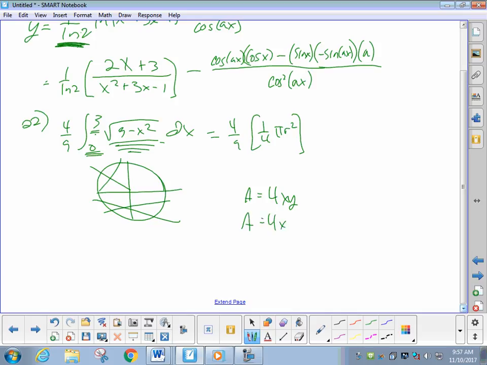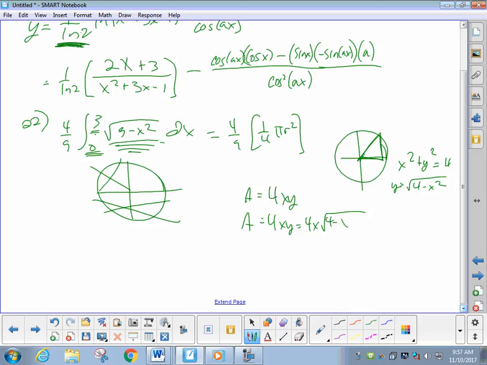By virtue of the circle, if the circle is x squared plus y squared equals 4, then y is root 4 minus x squared. So this became 4x root 4 minus x squared.